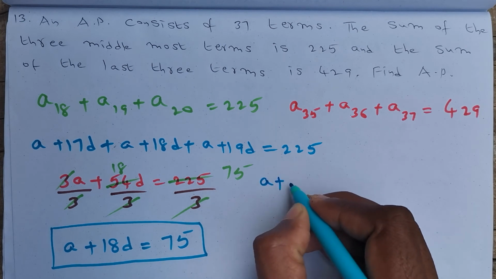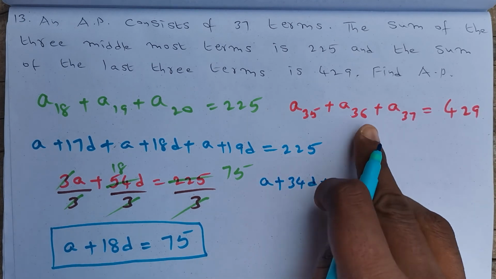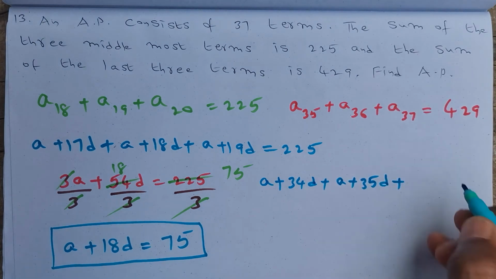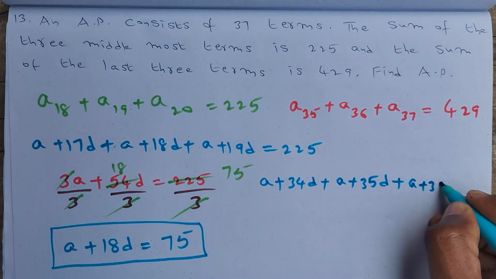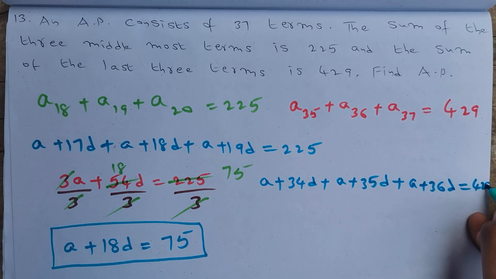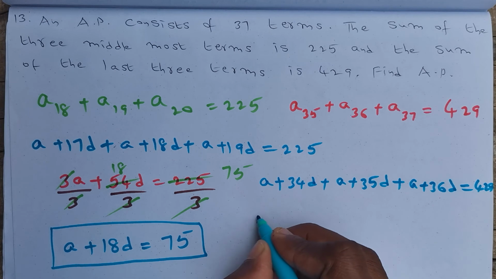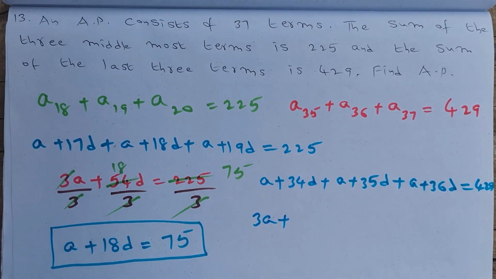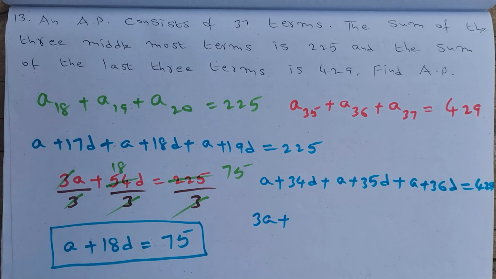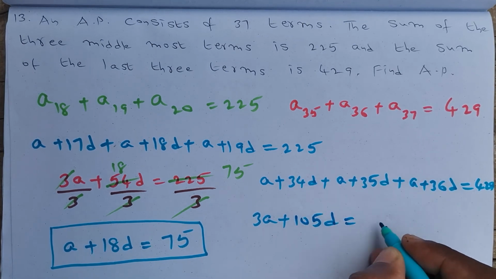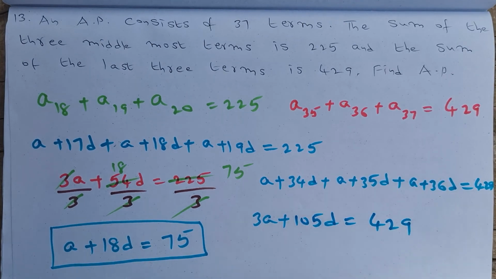A plus 34D, plus A36 A plus 35D, plus A37 A plus 36D is equals to 429. A plus A plus A, 3A, plus 34D plus 35D plus 36D, 105D is equals to 429.